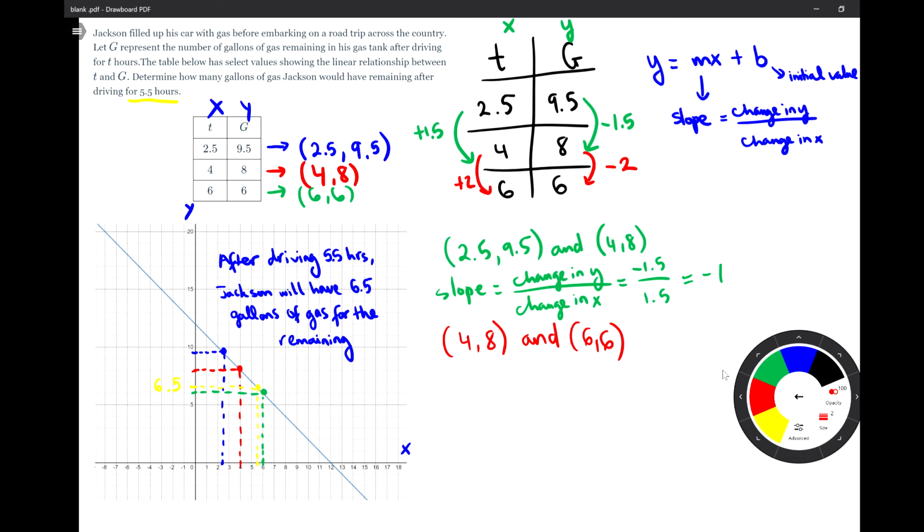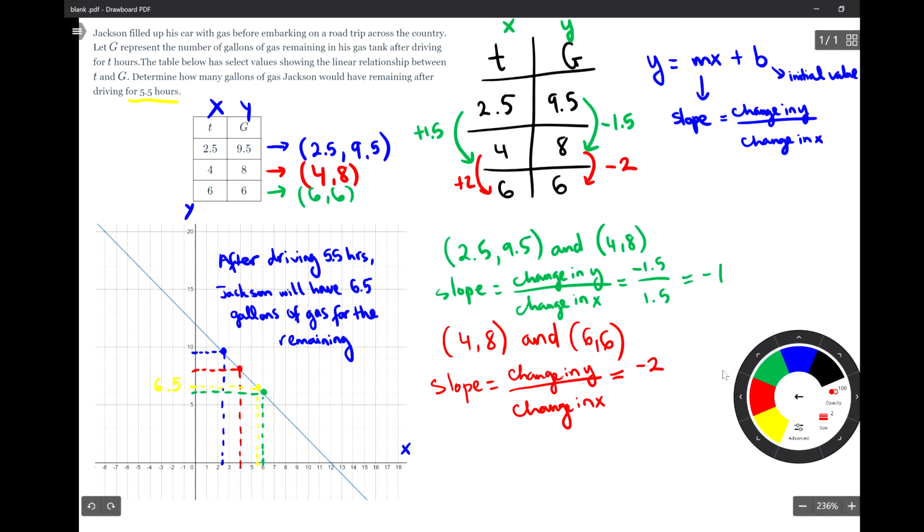So if I use 4, 8 and 6, 6, my slope is change in y over change in x. The formula stays the same. The change in y right now for the red is negative 2.